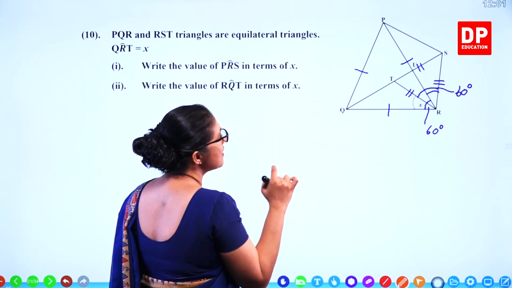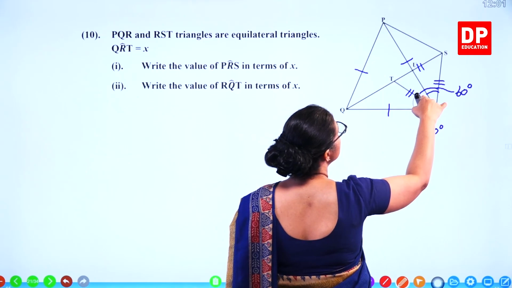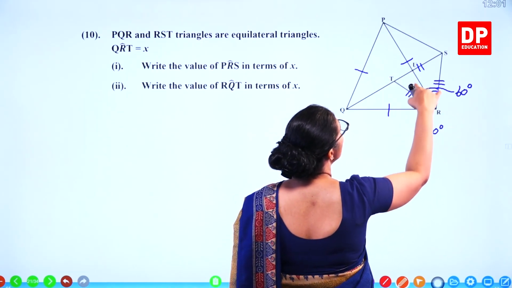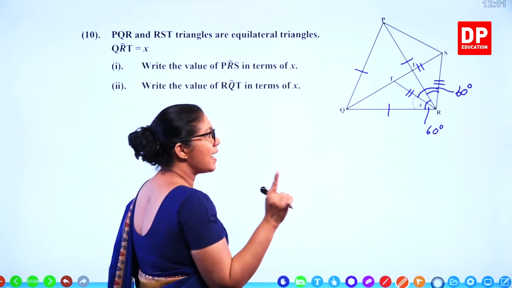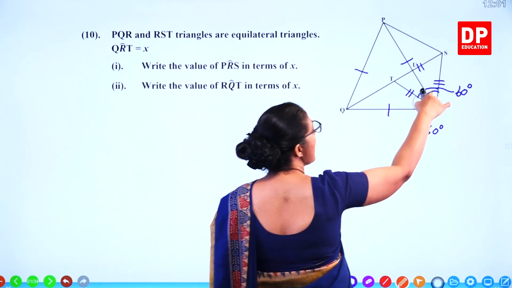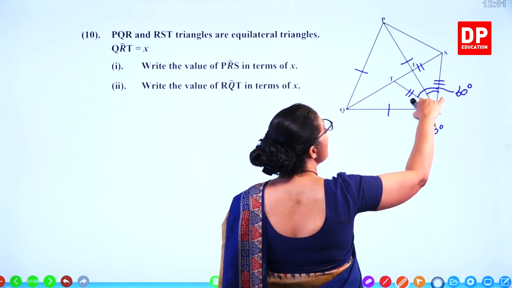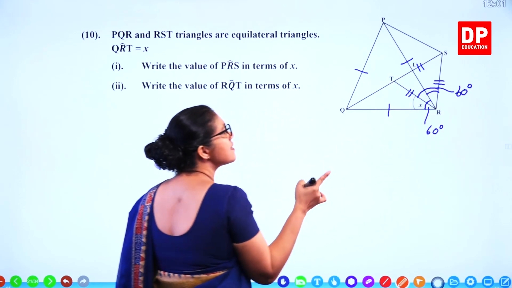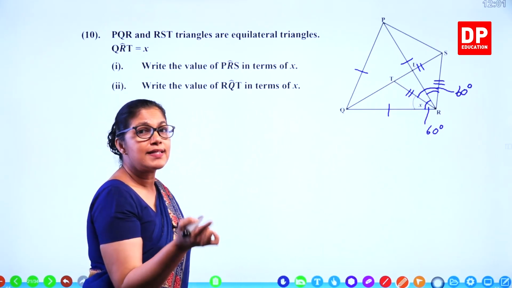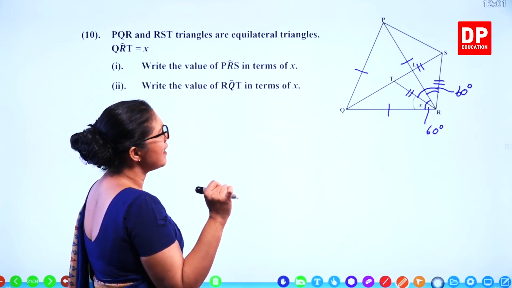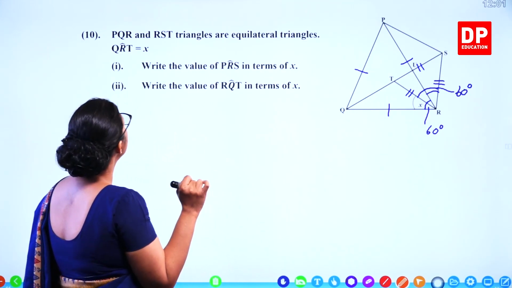So what is this angle? That is TRU angle is 60 minus x. But we need this angle. So again, this whole thing is 60. 60 minus x. So what's the angle? You get x angle. So we'll write that down.